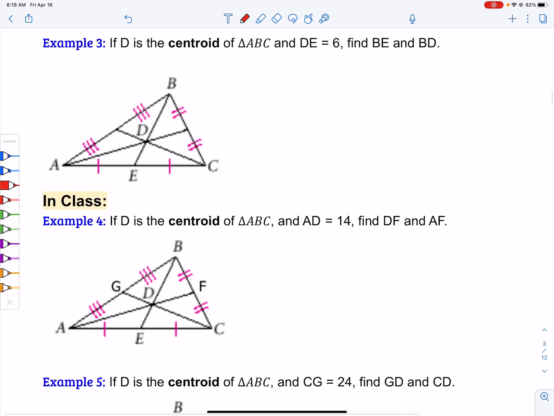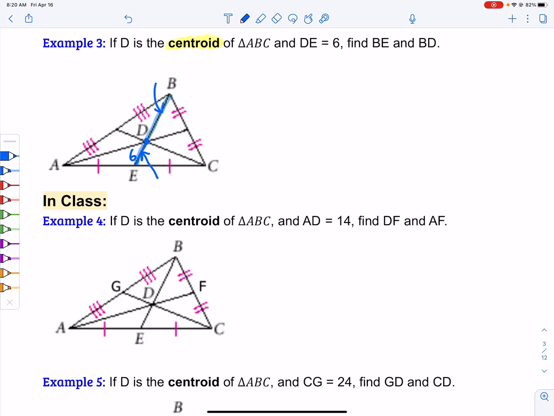It says if D is the centroid, it's nice that they just tell you that, of triangle ABC, and DE equals 6. And it says find F, BE, and BD. So we know that this median BE has a long piece and a short piece. So the short piece was given to us and it equals 6.